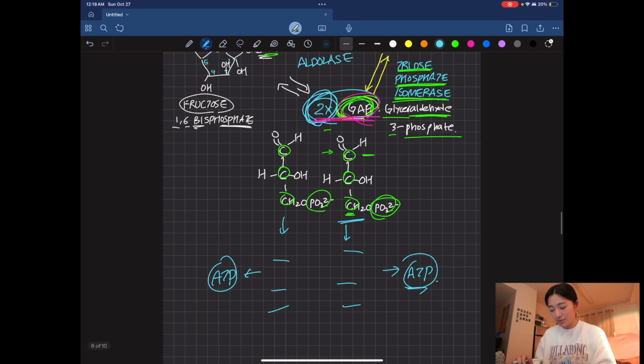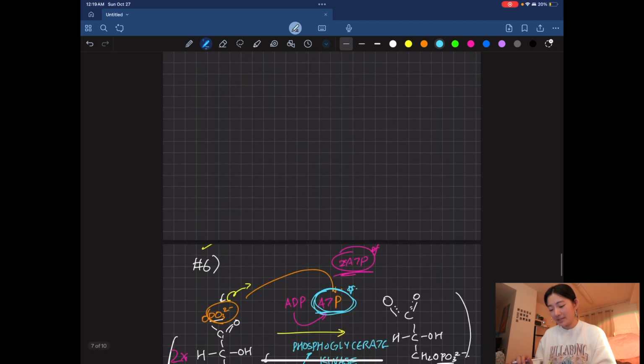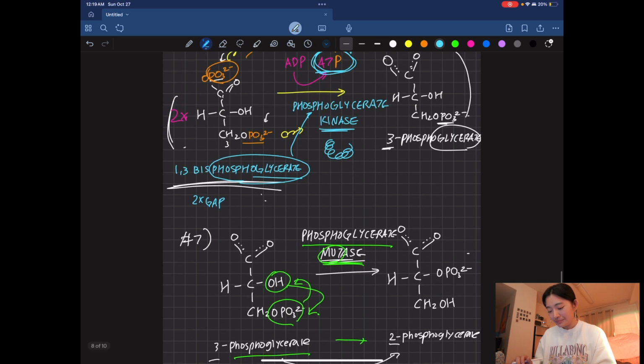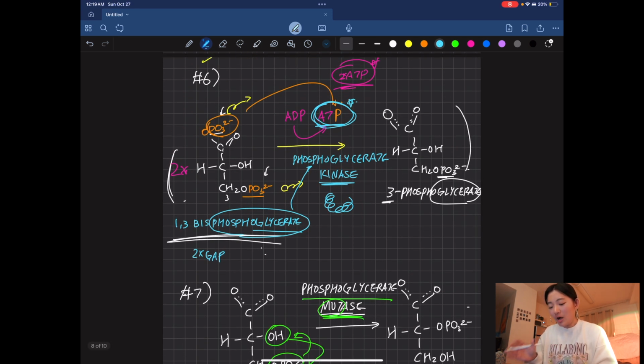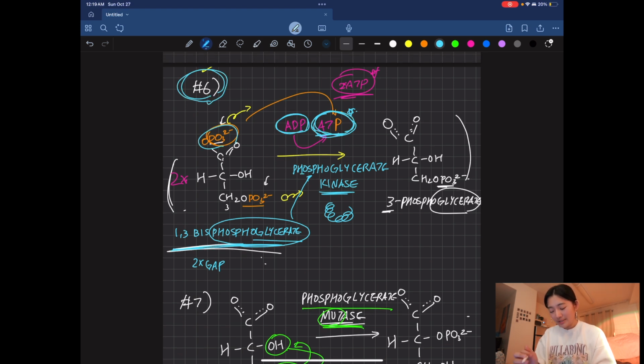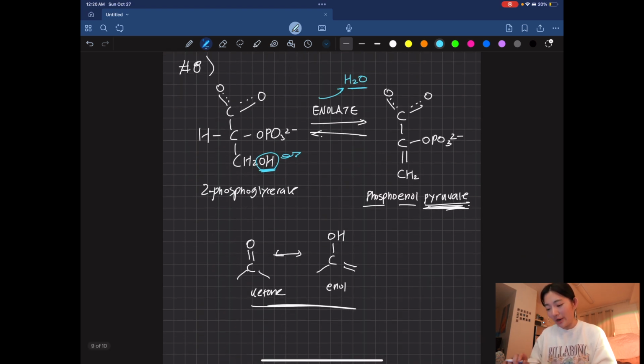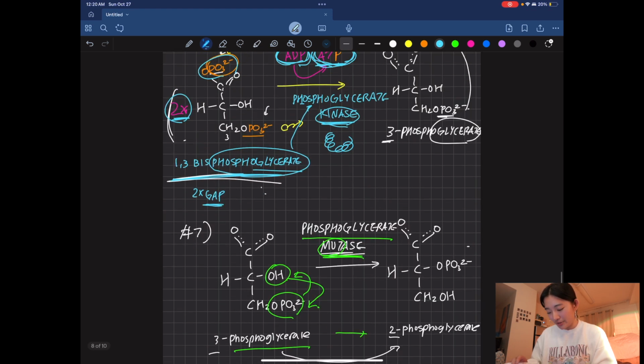All right. So let's scroll, and let's find our kinases, because kinases, is that how you would pronounce that? I don't know. Kinases, plural, whatever. Kinase, to see when we got ATP here. So reaction number 6, where we took the phosphate group on a GAP molecule and we transferred it onto an ADP to synthesize ATP, we made 2 ATP molecules total, because remember, we're doing this twice with 2 GAP molecules. So we got 2 ATP here. And similarly, again, look for your kinases, because that's where ATP and ADP probably interconverted.